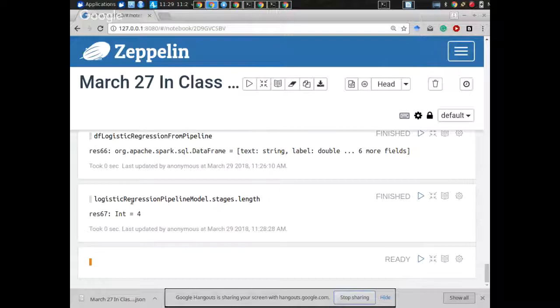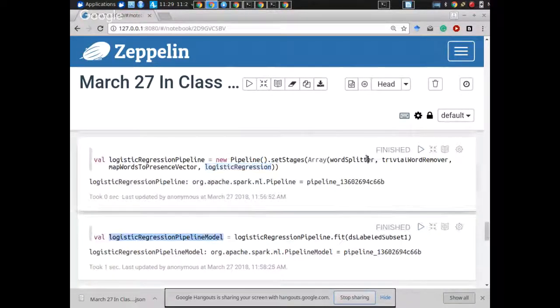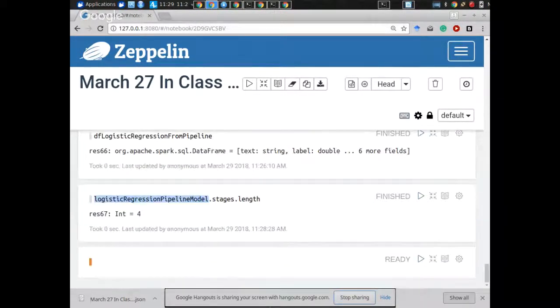Specifically, I'm going to take this pipeline model and extract the 4th element of it, where the elements are 0, 1, 2, 3, so it's the last element, because we're zero-indexed here.